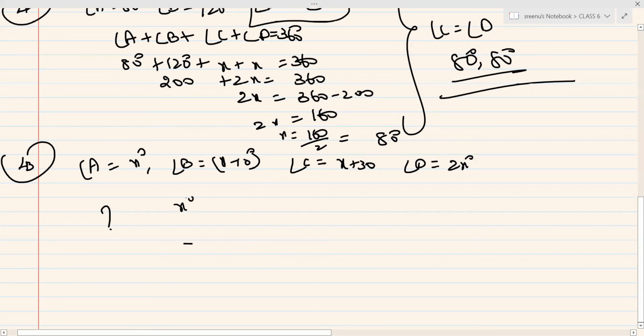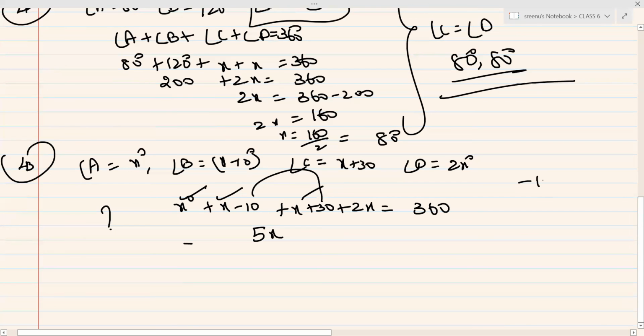x plus x minus 10 plus x plus 30 plus 2x is equal to 360. How many x's are there? 1, 2, 3, 4, 5. 5x minus 10 plus 30. Minus 10 plus 30 is how much? You will get 20.